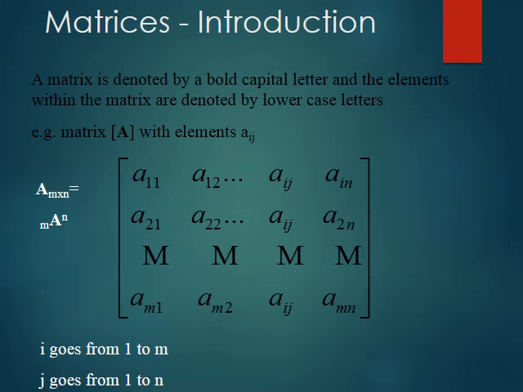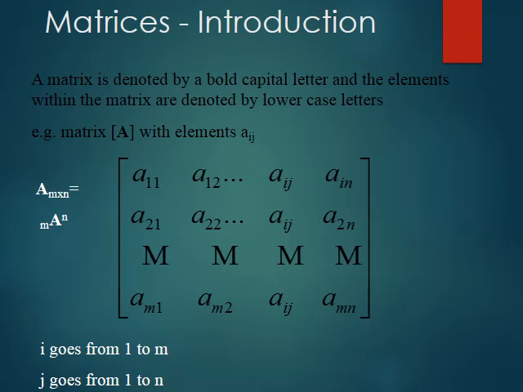So in general, a matrix is denoted by bold capital letter and the elements within the matrix are denoted by lowercase letters. For example, in matrix A, the elements are denoted as Aij, where i is the number of row and j is the number of column. For example, A11 means the element in the first row and the first column.